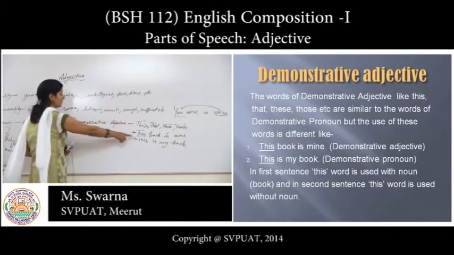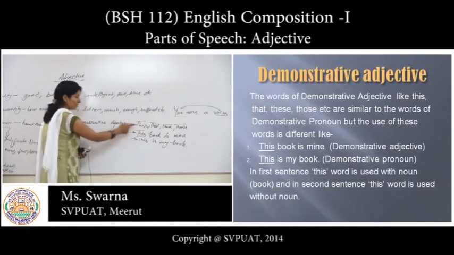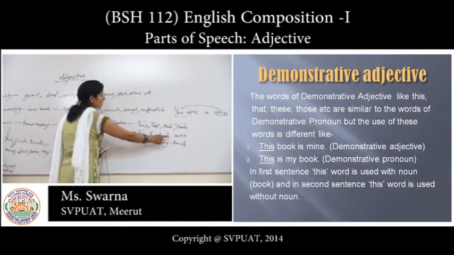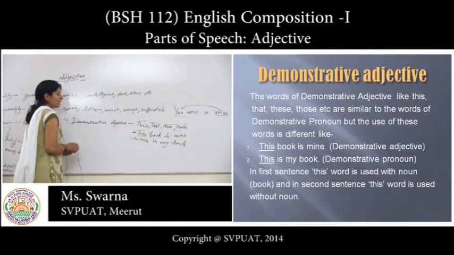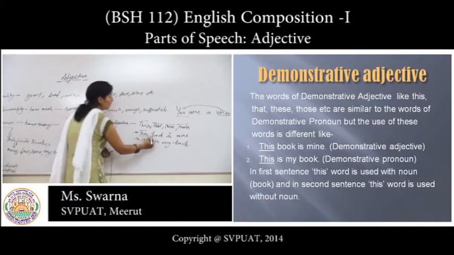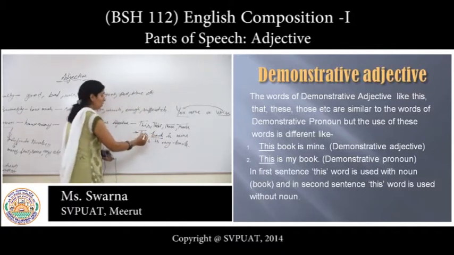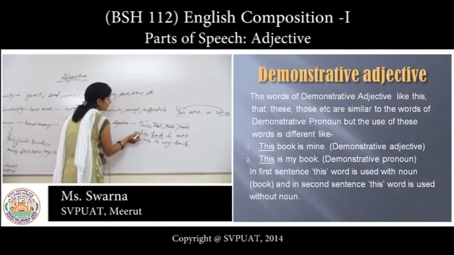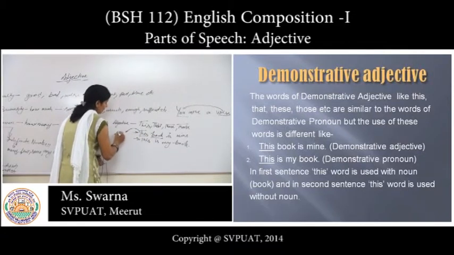In the first sentence, this book is mine, we have used this with book. Book is a noun. So if we use these words with a noun, then it is an adjective.